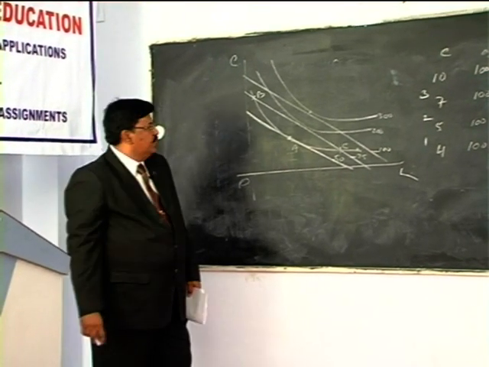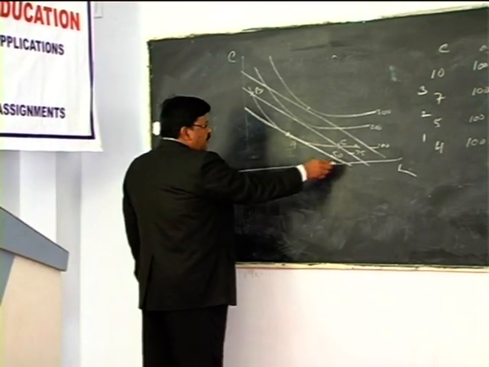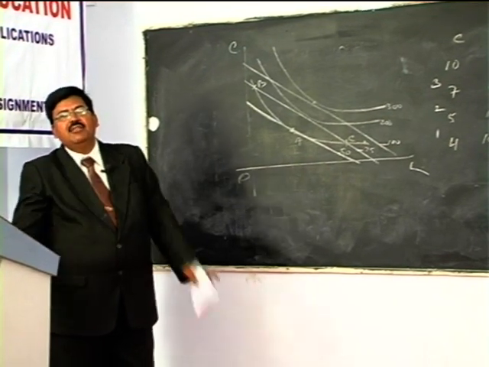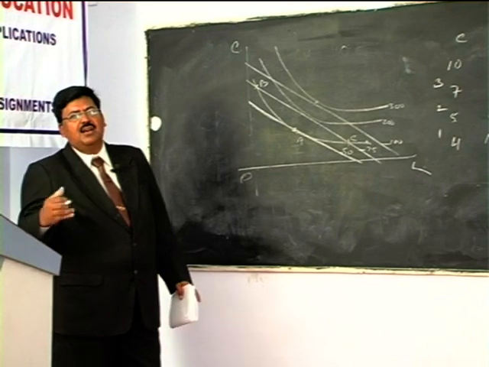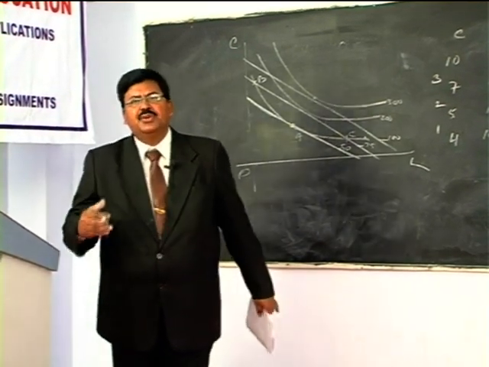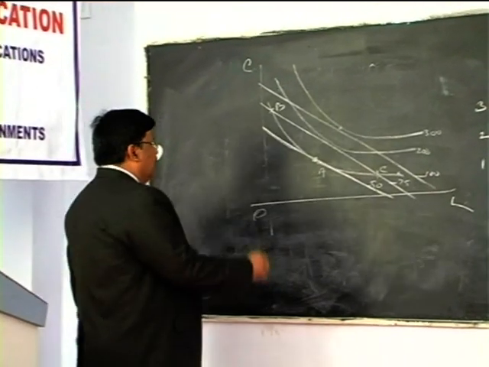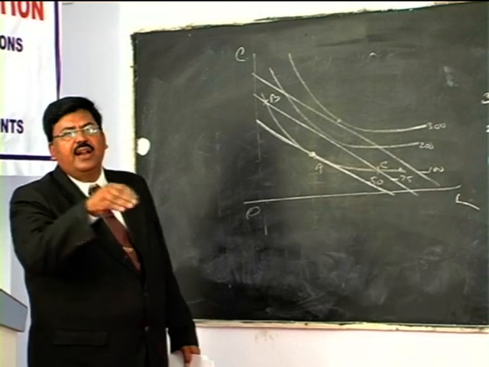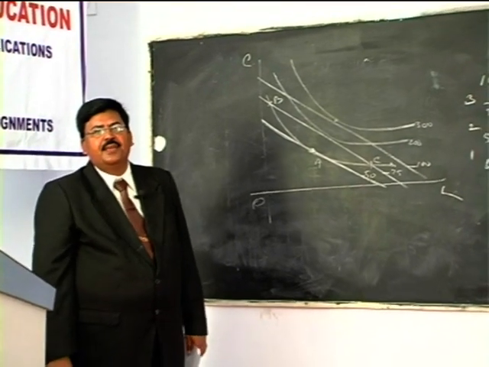You can produce 100 units of output at the lowest cost with this combination. So that is the equilibrium or least cost combination of producing 100 units of output. That is given by point A, the point of tangency of ISO quant with ISO cost line.